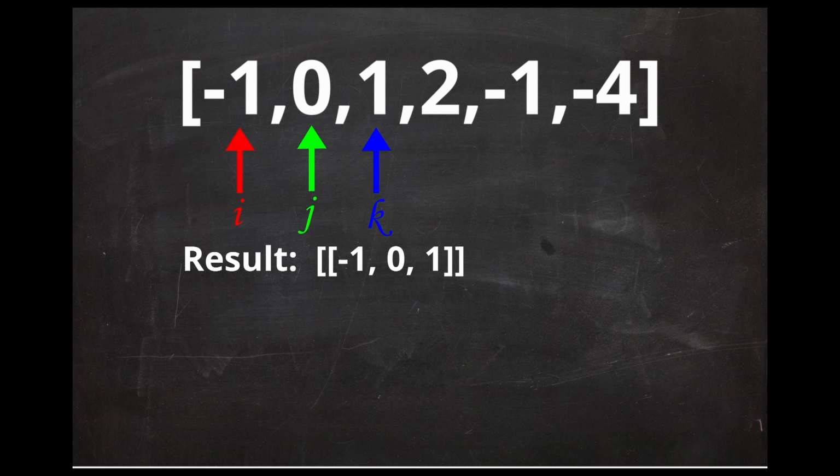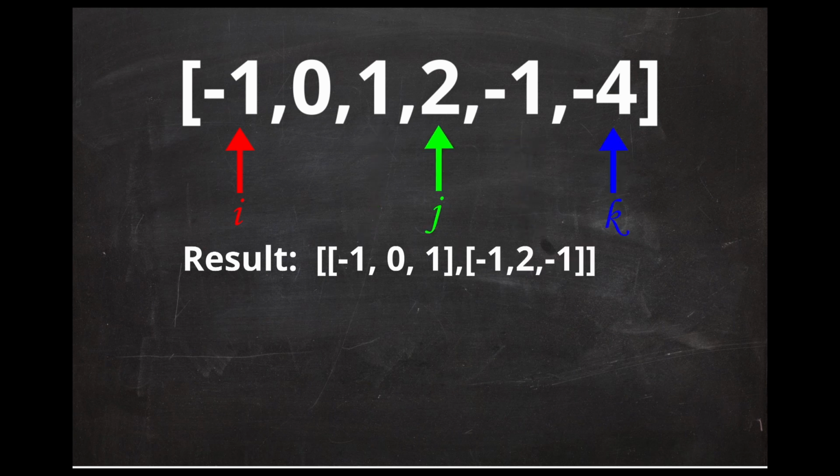I started scanning the array from the beginning, first took -1, looked at the subsequent numbers, starting with 0 and then 1, then I noticed that these add up to 0, so it goes in the result set. Then started looking for new numbers, like 2, -1, -4, and then the same thing with the second number. When I arrived at -1, 2, -1, then I saw that it was a new solution because it added up to 0, so it goes in the result set too.